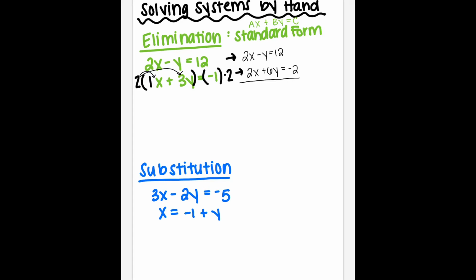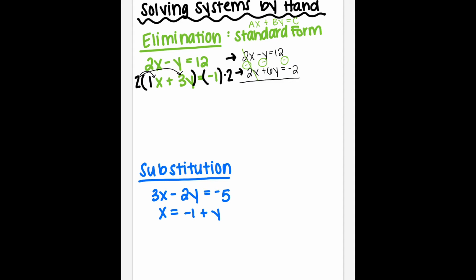So now I can eliminate the terms with the x variable by subtracting, since 2 minus 2 is 0. So in the process of elimination, your goal is to eliminate one of the variables. If I subtract 2 minus 2 to get 0, I also have to subtract the other terms as well.